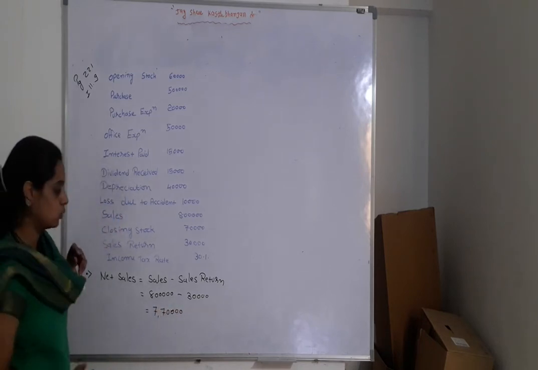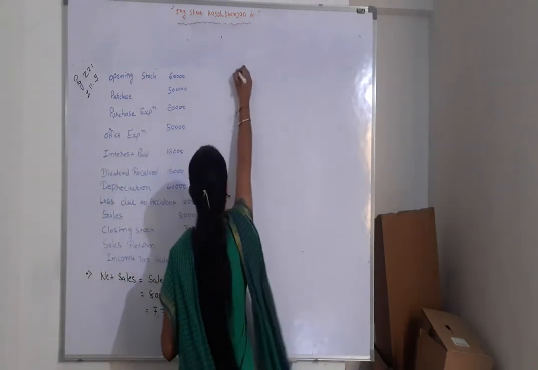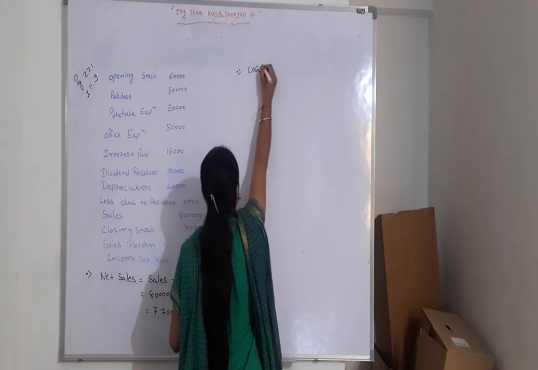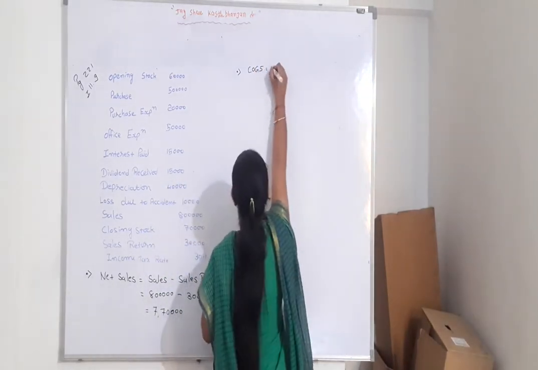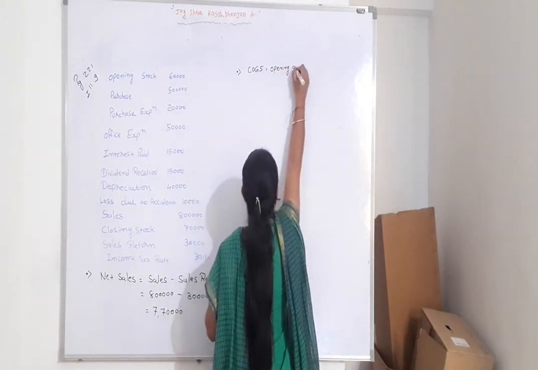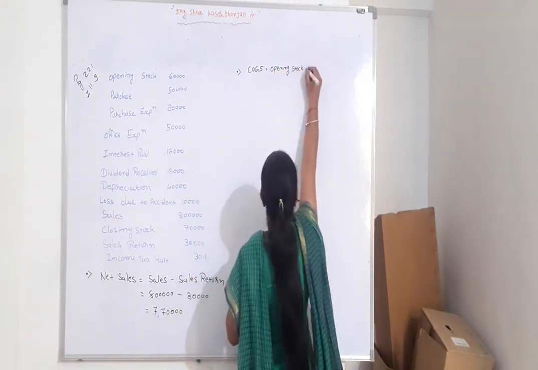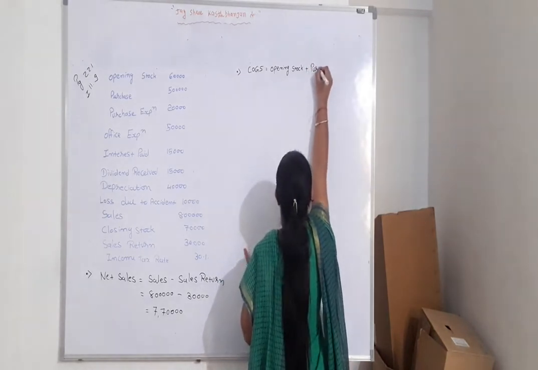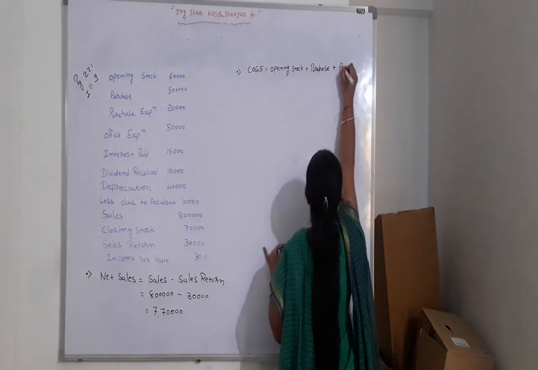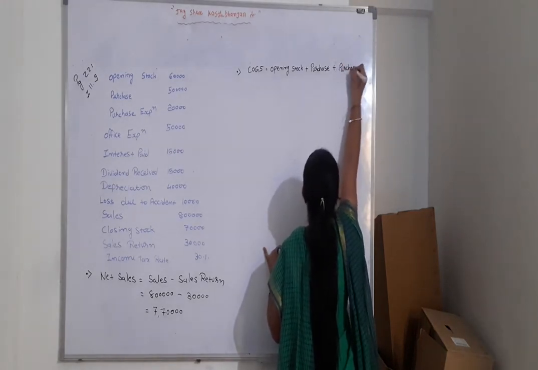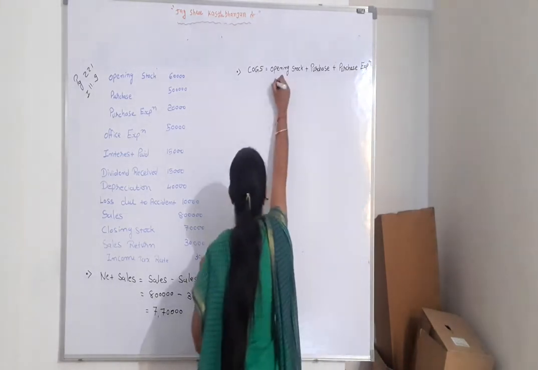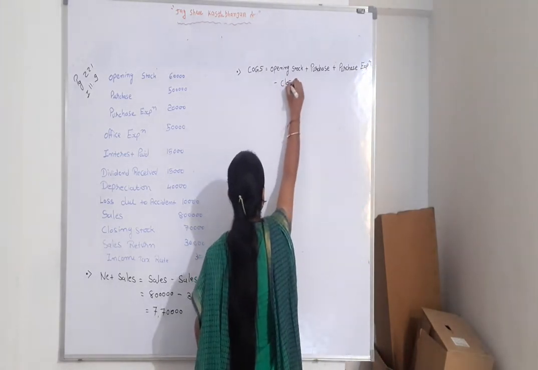Now we have to find COGS. COGS is equal to opening stock plus purchase plus purchase expense minus closing stock.